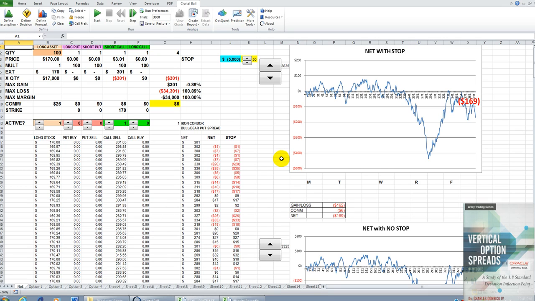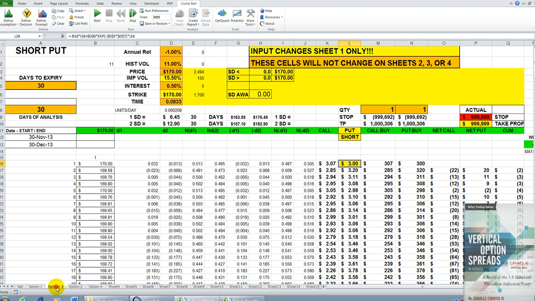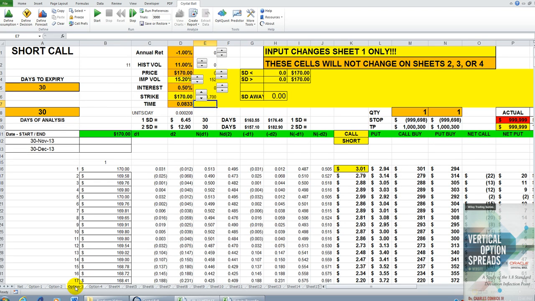All right, so the purpose primarily of this lesson 4 is simply to tell you that tab options 2 and tab options 3 are where you set up your short call and short put positions.